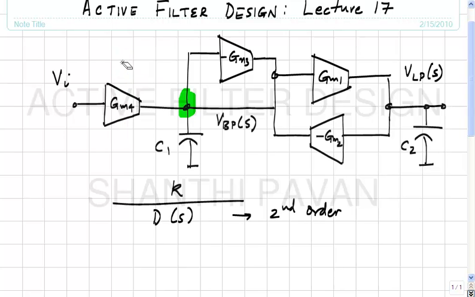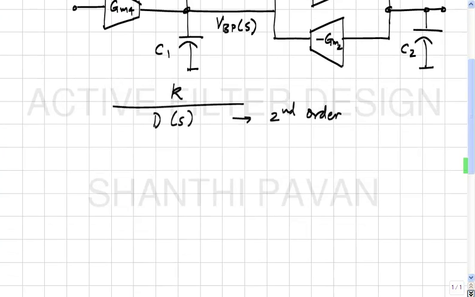And therefore, one key point that one must bear in mind is the difference between an ideal transconductor and a real one.